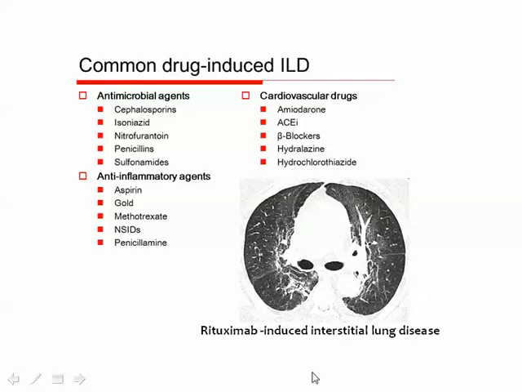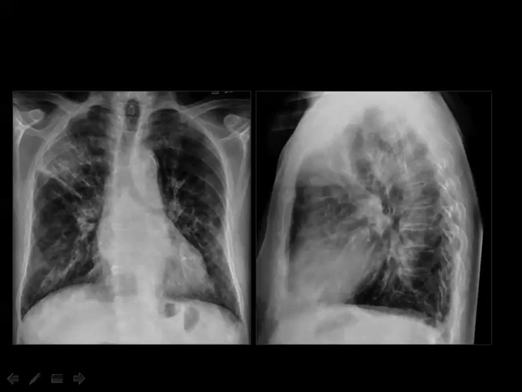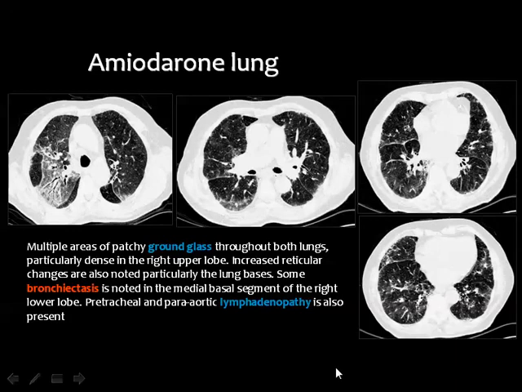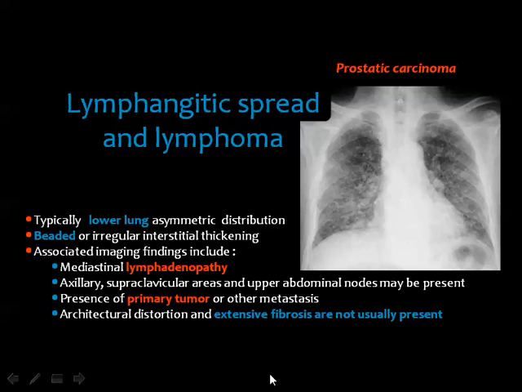Then there are certain medications that can induce interstitial lung disease. Some of them are related to the cancer therapy, and others are anti-inflammatory. And if you know that the patient is receiving one of these drugs and you got opacities throughout the lung, you know that this is a drug-induced interstitial lung disease.